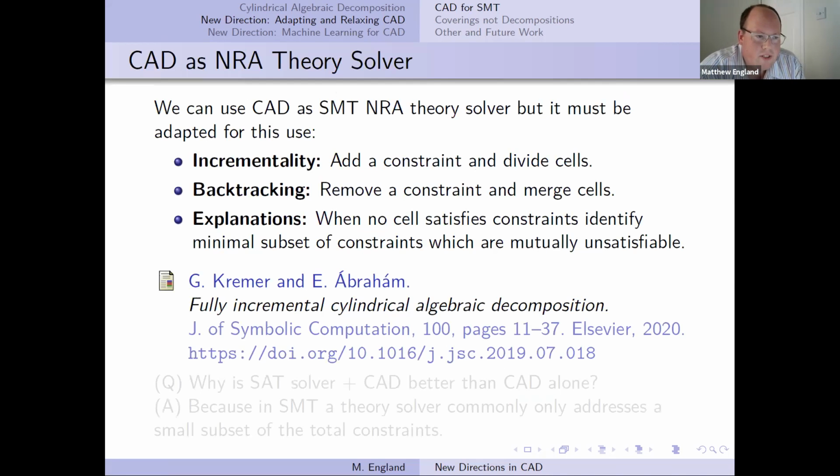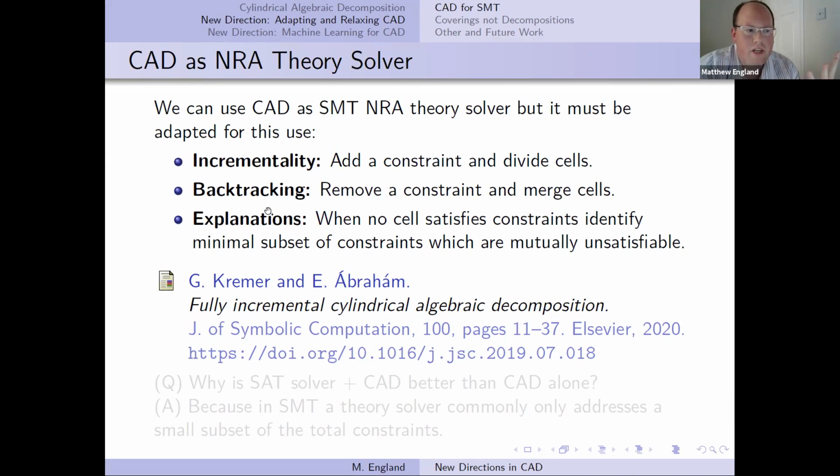So, okay, let's just take a step back then. We're trying to solve satisfiability for polynomial sign constraints. So the obvious connection between what I said at the start and what I'm saying now is to try and use CAD as an SMT theory solver. So can we do that? Well, we can, but for it to be efficient, we need a CAD implementation that supports some non-standard functionality. We really need an implementation that's incremental according to the constraints under study.